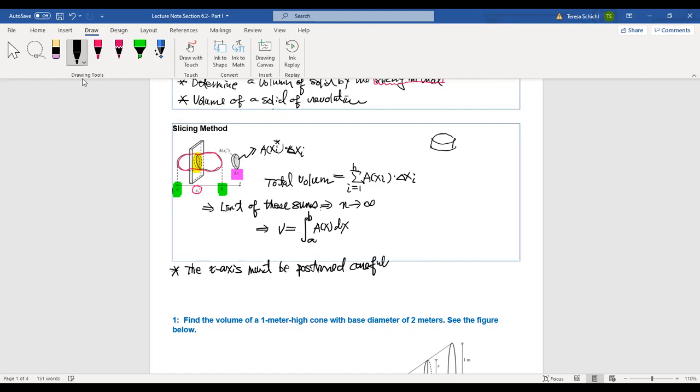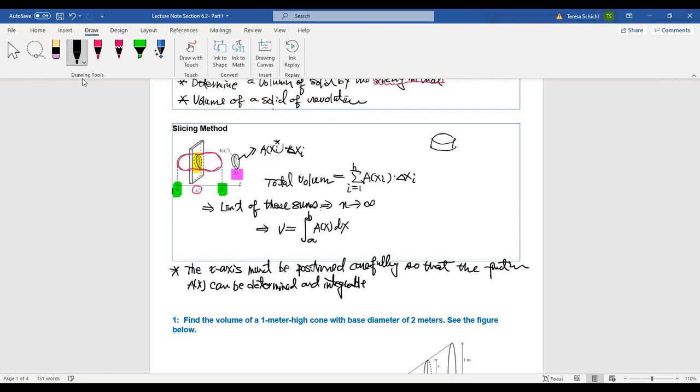This is the key to success here, so that the function A(x) can be determined and integrable.